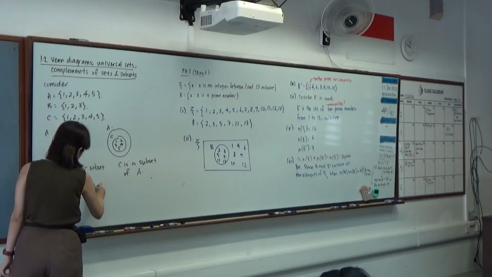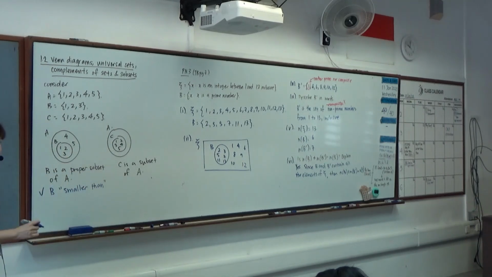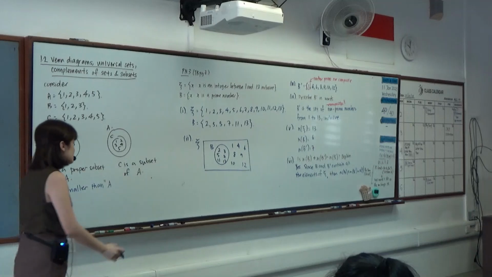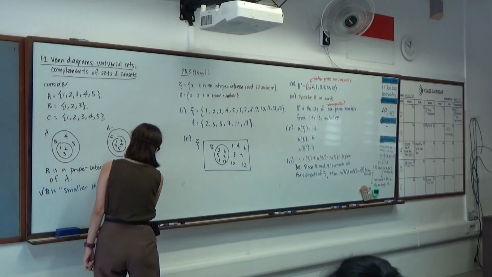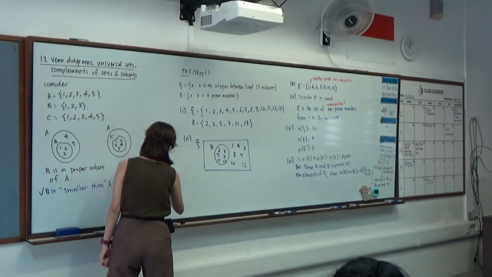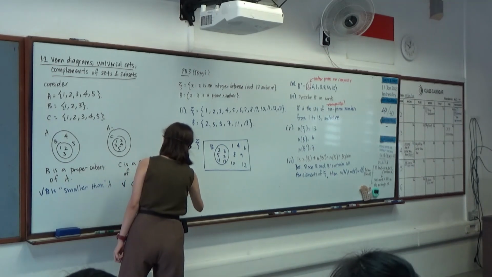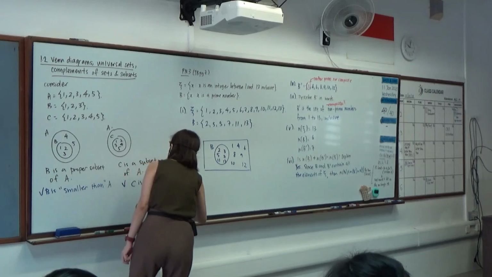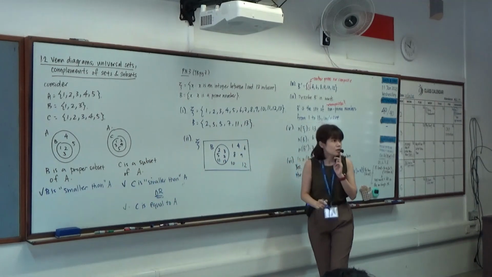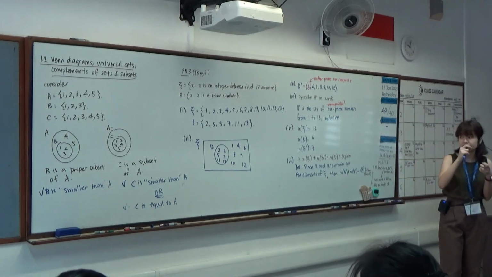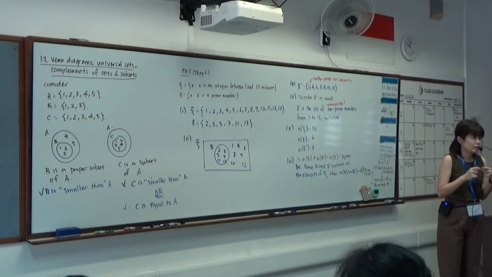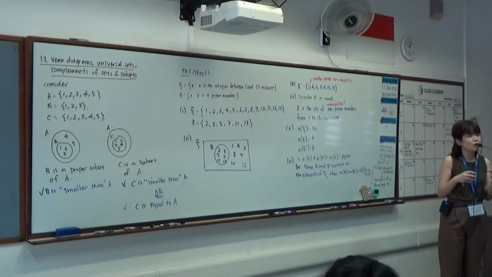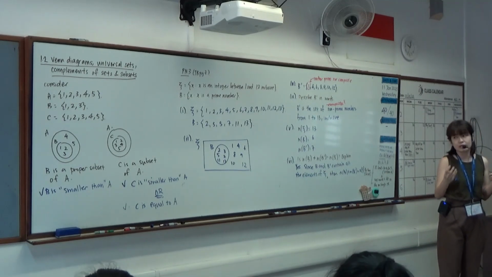In very loose terms, not mathematically correct and accurate, B is smaller than A. Whereas the idea of subset could have two scenarios: either C is smaller than A or C is equal to A. So the idea of subset is more generic, just like in comparison to the idea of less than or equals to, or more than or equals to.